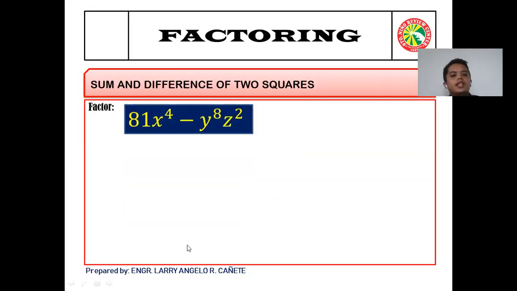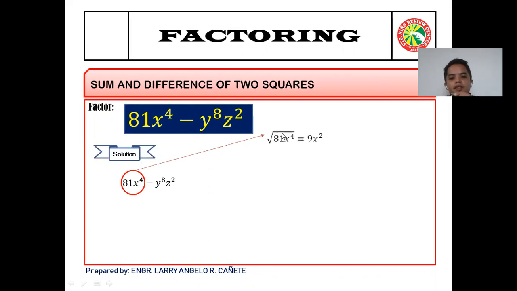Now another example here is 81x to the fourth minus y to the eighth c squared. Same with examples 1 and 2, you check if this can be square rooted. The square root of 81x to the fourth is 9x squared.